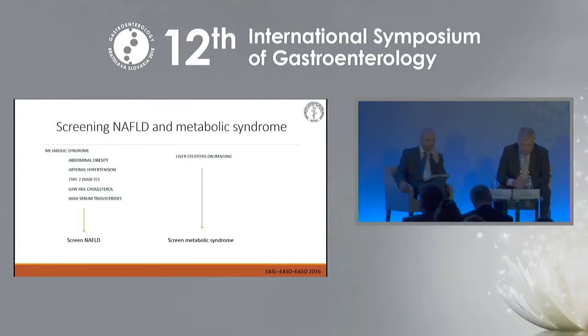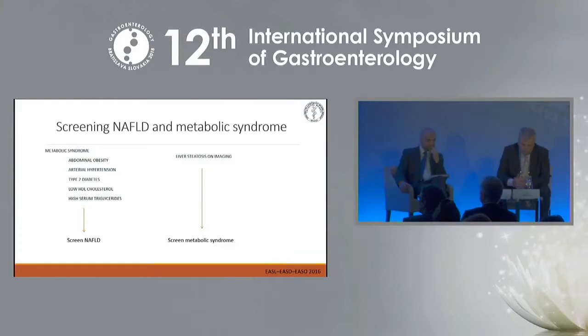It was already mentioned that according to the EASL and European Association for the Study of Diabetes guidelines, metabolic syndrome should be the diagnosis in which we look for the presence of liver fat. It has been agreed that all patients with abdominal obesity, arterial hypertension, or type 2 diabetes should be screened for NAFLD, and vice versa.